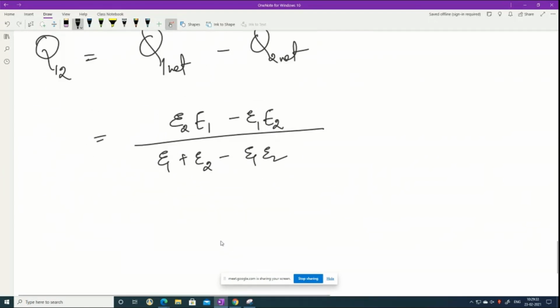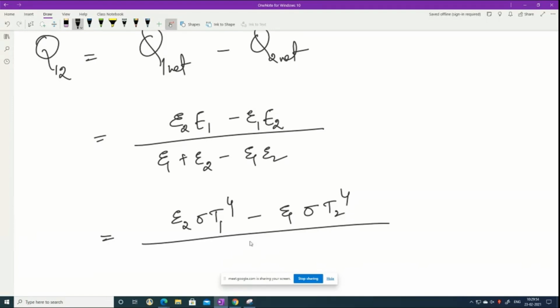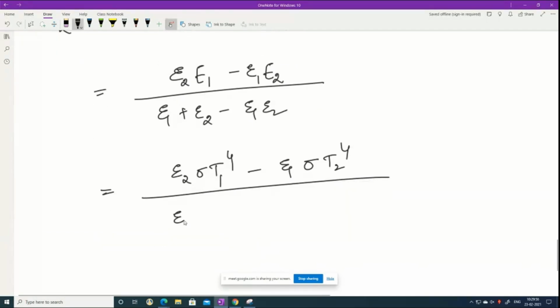What is E1 here? E1 you can express as sigma T to the power of 4, like black body radiation. So it is sigma into T1 to the power 4 minus epsilon 1 into sigma into T2 to the power 4, by (epsilon 1 plus epsilon 2 minus epsilon 1 epsilon 2). You will get this. So that is the case when you take the black body radiation.